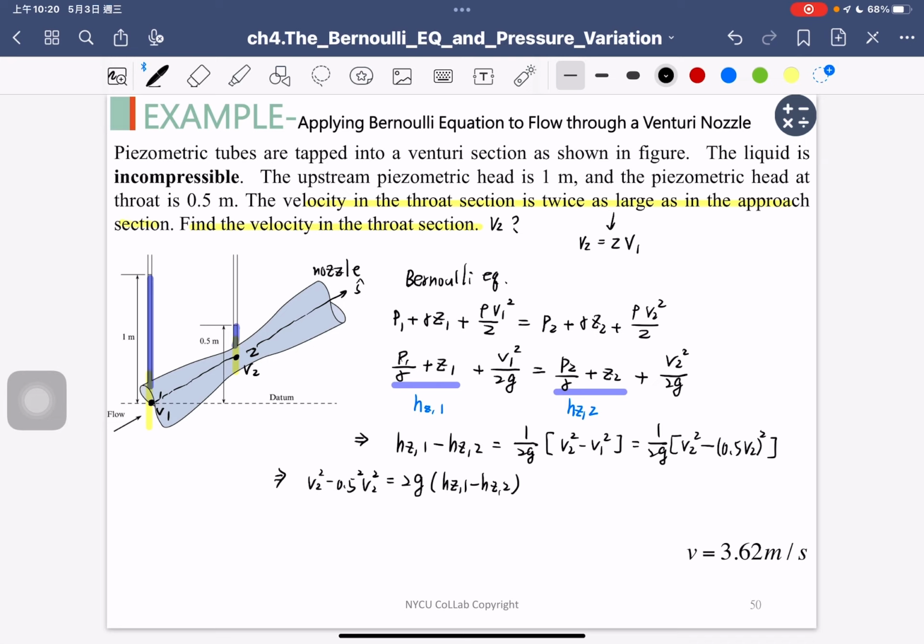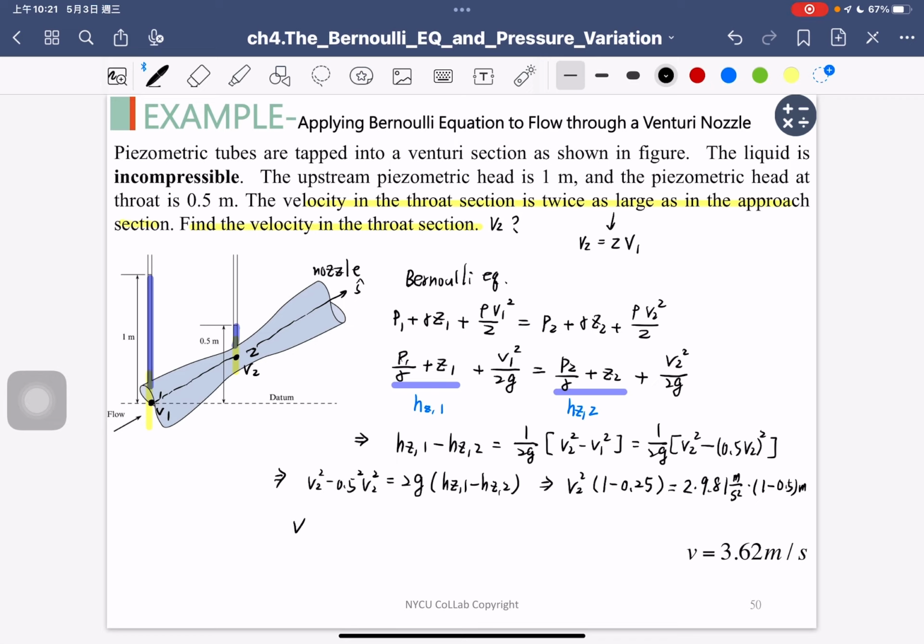To make it simple, we have V2 squared times (1 minus 0.25) equals 2 times gravity, 9.81 meters per second squared, times the piezometric head difference, 1 meter minus 0.5 meter.